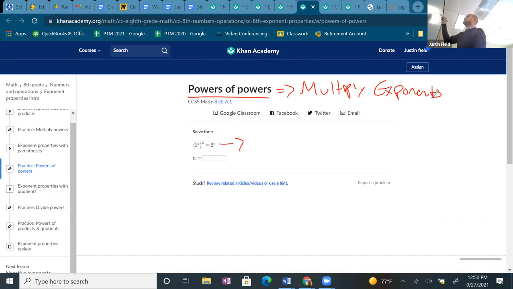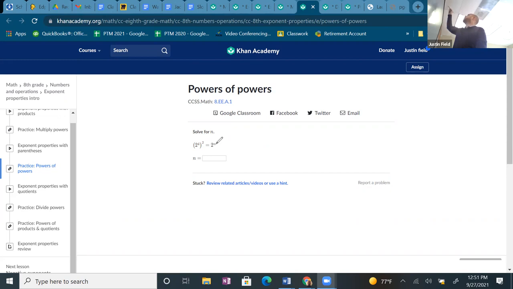So this is 2 to the 4 times 2, which is 2 to the 8. That's how they want you to write it. So n would equal 8. This is solve for n. It is 8. So now we've got 2 rules so far to be in your notes: the one where you add the exponents, and the one where you multiply the exponents.